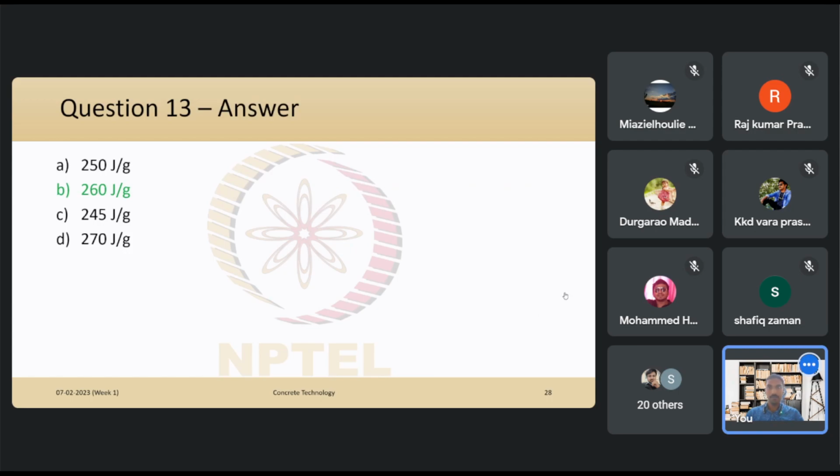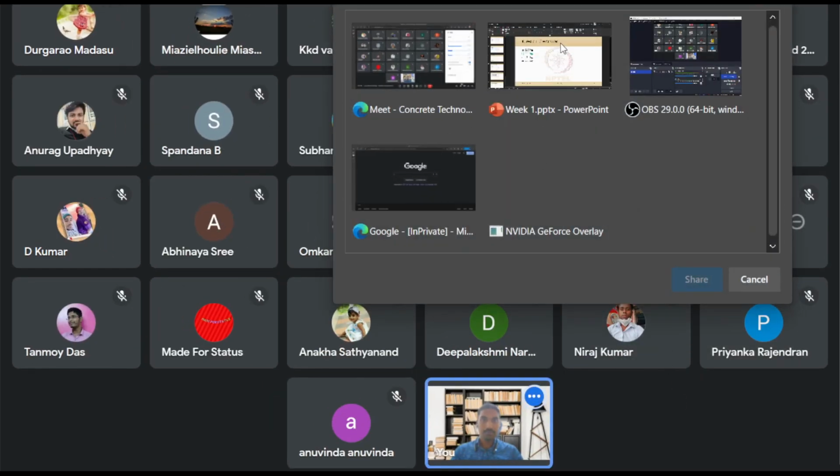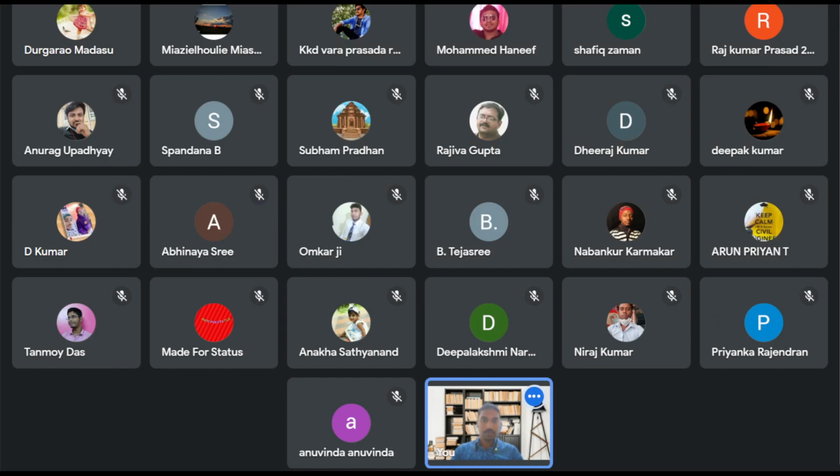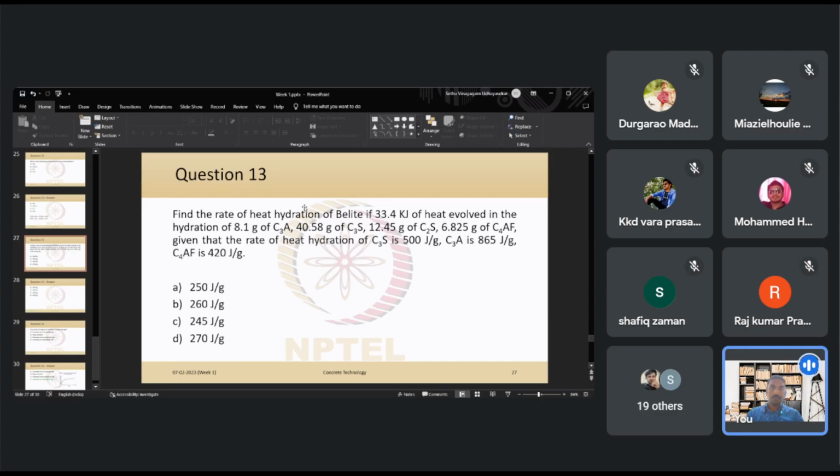Okay, it is option B. Now let's see how we arrive at this. Reshare the screen. So what is asked in the question is we are given the total heat that is evolved during the hydration process, that is 33.4 kilojoules, and we have four compounds participating in this hydration process, which are C3A, C3S, C2S, and C4AF.